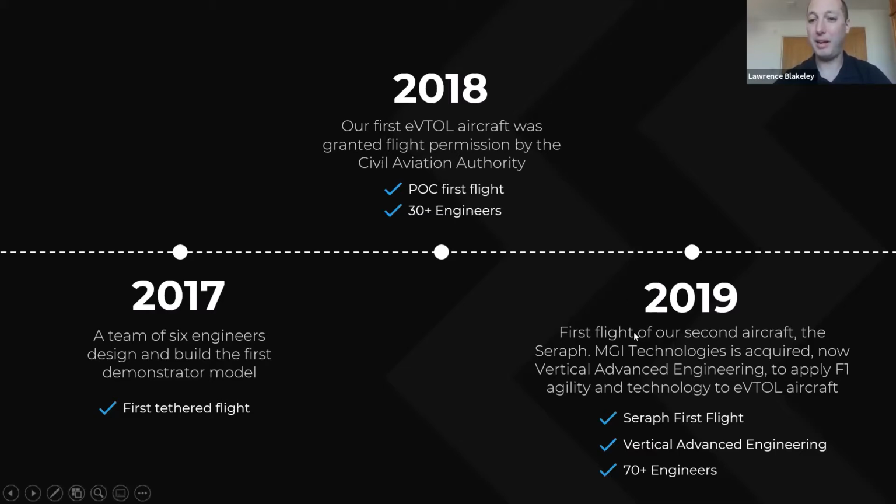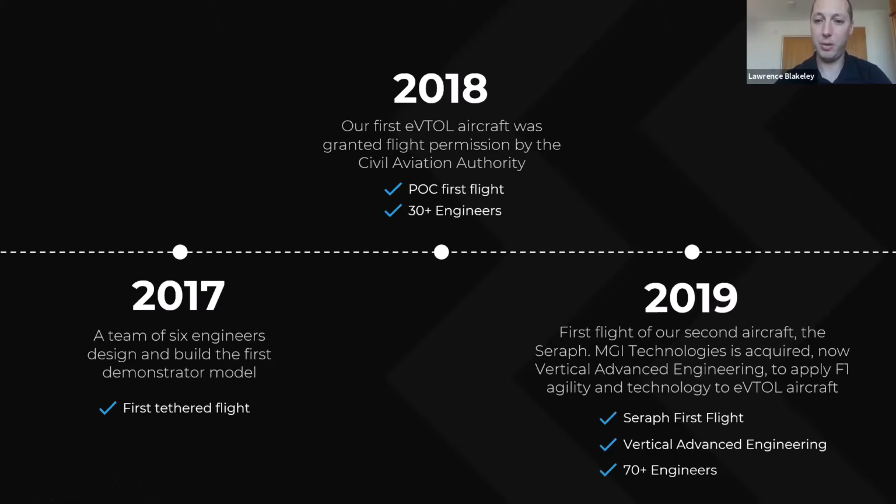And we flew Serif. I will touch a bit on some of the technology and the development of Serif in a bit. But we also acquired a company called MGI, that is, or I guess it still is, a Formula One consultancy company, very much specialized in carbon composites development for the Formula One industry.